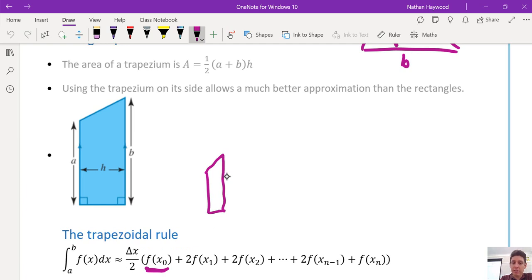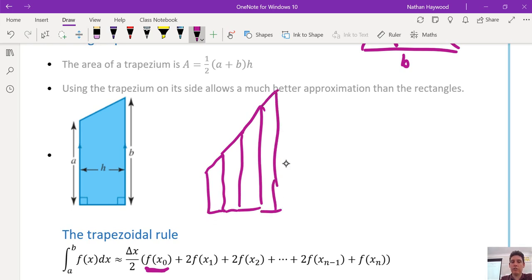Then we've got the second y plus the third y. So see how we've got 2 of the second y? Because you're adding all of the middle y's twice to get all of the trapeziums added together. It's only the end y's that you have one of, because you only count them once.